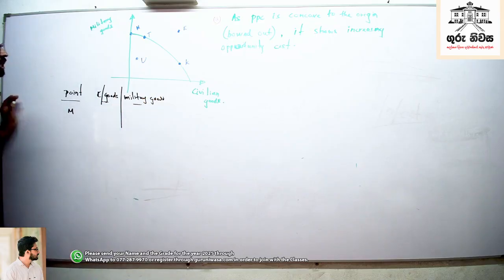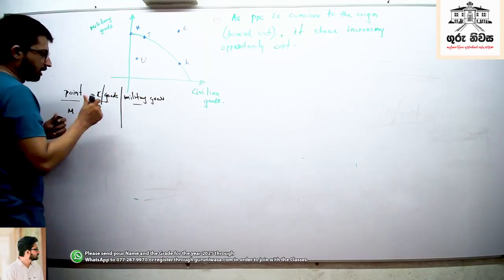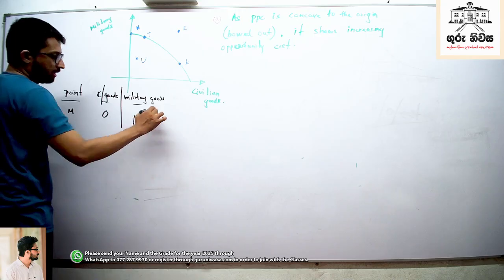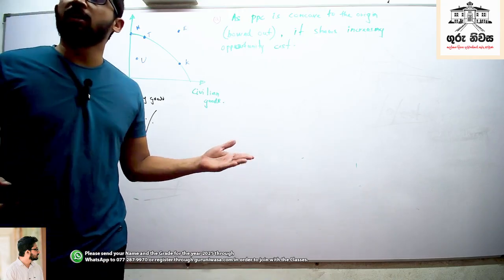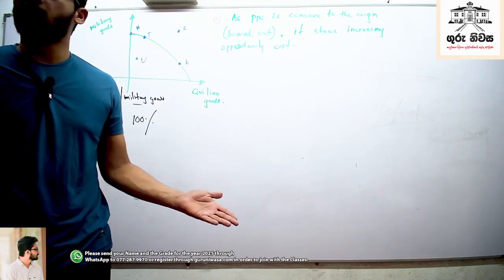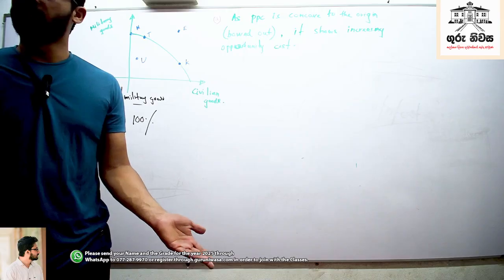At point M, civilian goods, how many? 0%. Because here civilian production is 0. Military production 100%. What does it mean? Economy produces only military goods. Bombs, explosives, weapons.